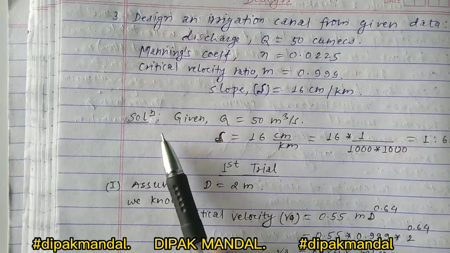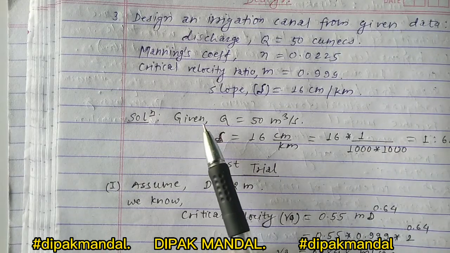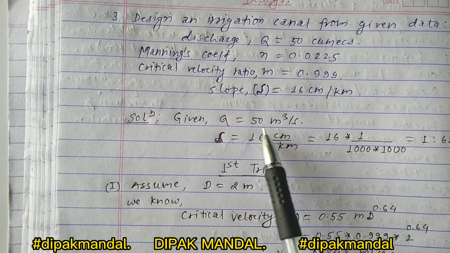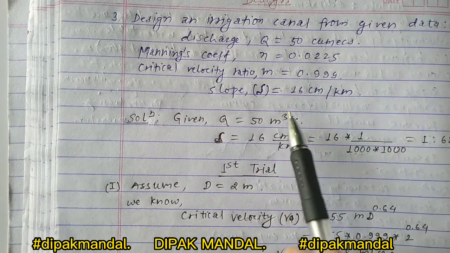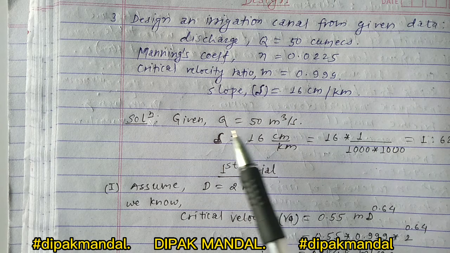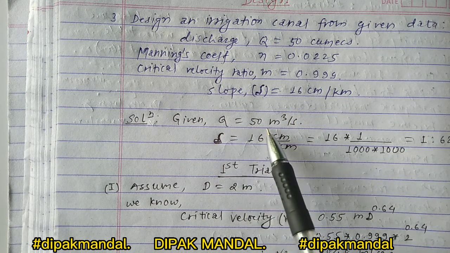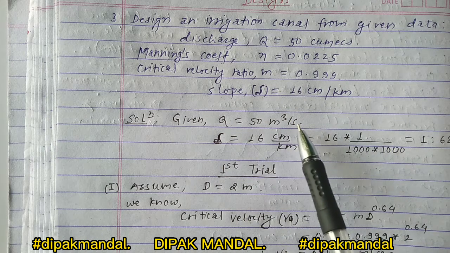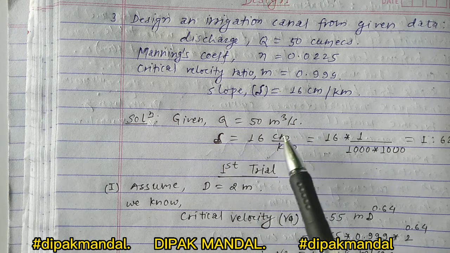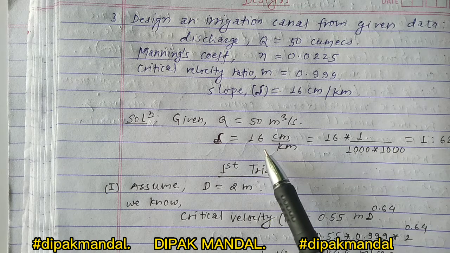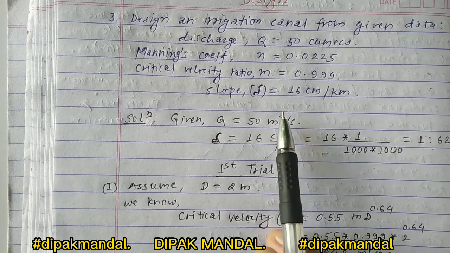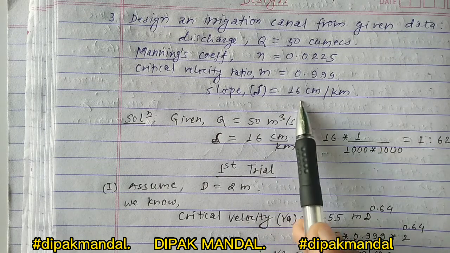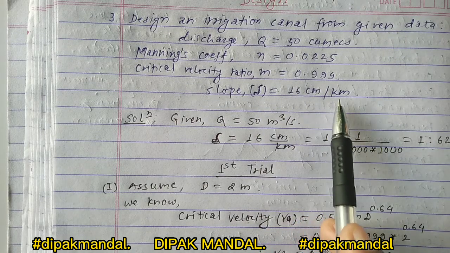First, the given value of discharge is 50 cubic, that is meter cube per second, so Q equal to 50 meter cube per second. In other equations we generally have the slope given in ratio form, but here in this numerical we have the slope in cm and kilometer.